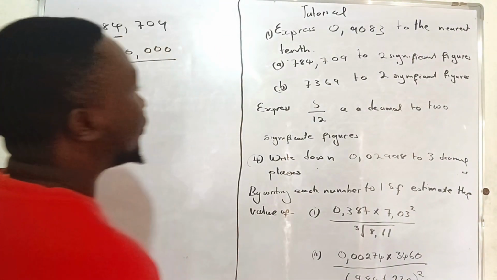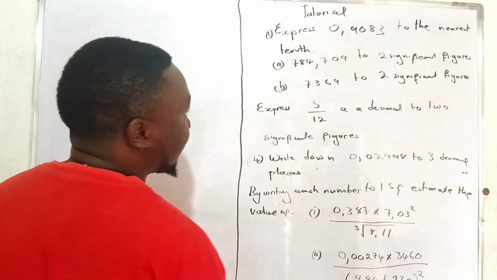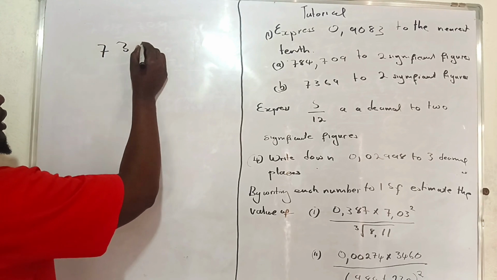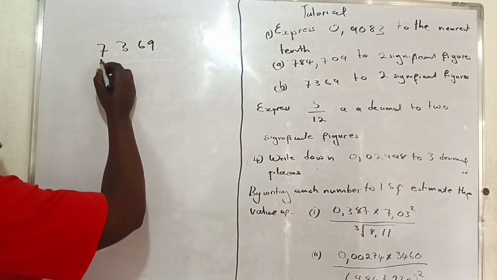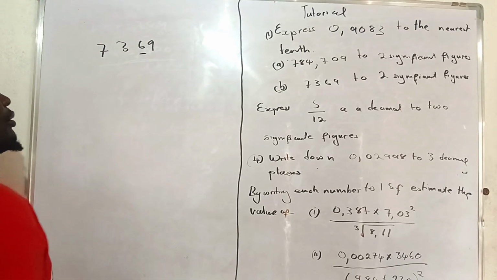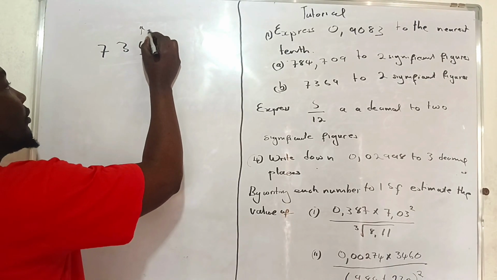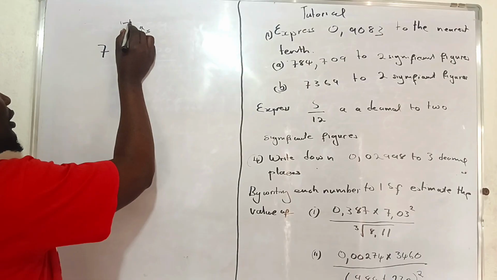Let's move on. We have 7,369 to two significant figures. So you need to remain with 7 and 3. You look at the third figure. If it's greater than 5, this figure increases by 1 unit.